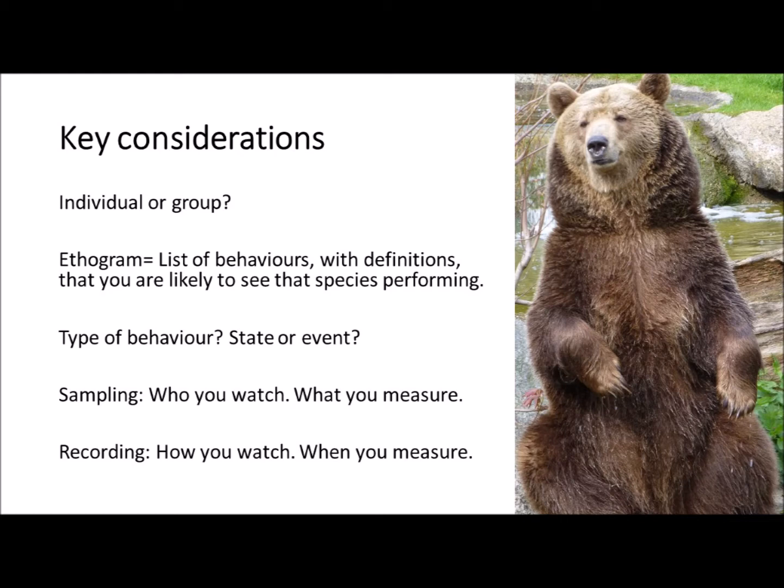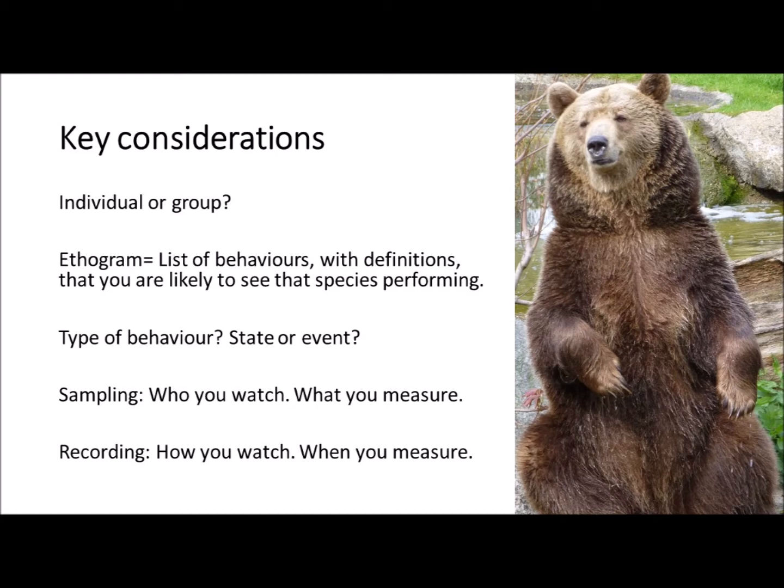You then need to think about categorising the types of behaviour that the animal will perform. And we call these behaviours states or events. And both the human and the non-human animal perform state and event behaviours. And the last, but probably the most important consideration, is putting together your sampling protocols with your recording methods.